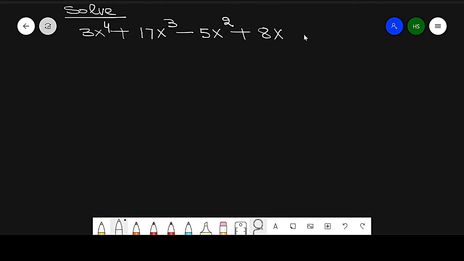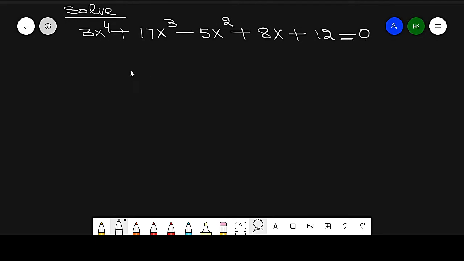Now, if the given equation has roots which are in GP, the statement of the question is: solve the equation 3x raised to power 4 plus 17x raised to power 3 minus 5x square plus 8x plus 12, which is equal to 0.